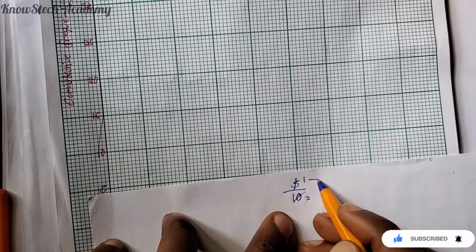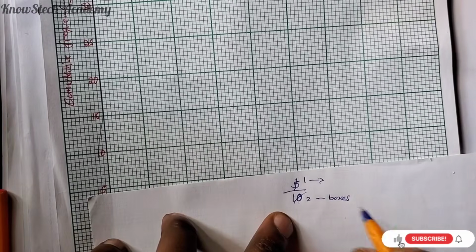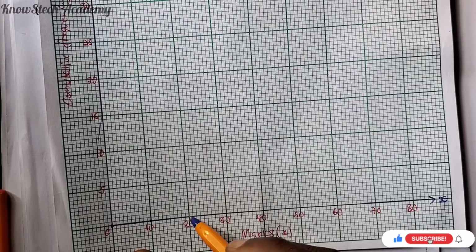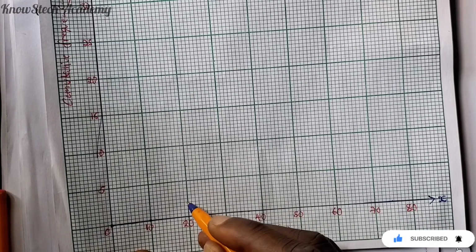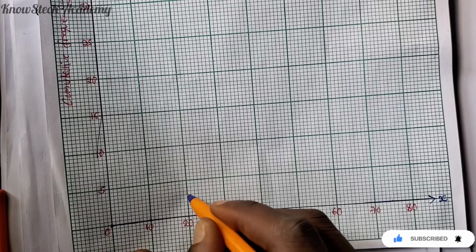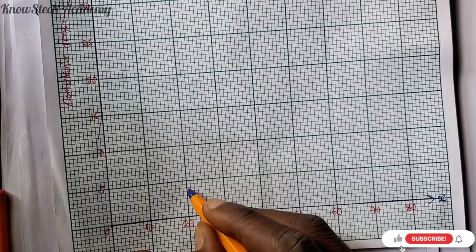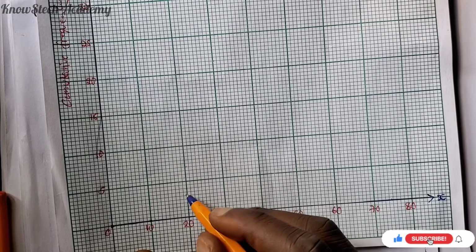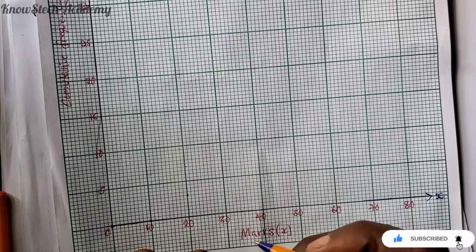So 1 unit is equal to 2 boxes. Okay, 2 boxes. So here we're going to say 2 boxes here is 1. So 1, 2, 3. So 3 is here. Let's prove it is going to be 5. 4, 5. So when we say 20, 3, it is here. This is where 20, 3 is.